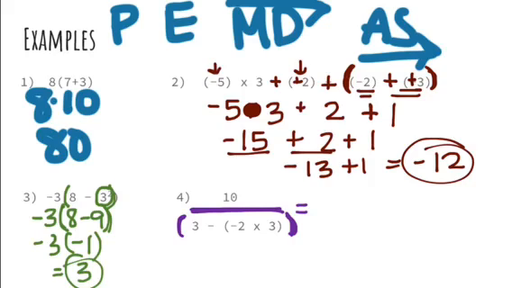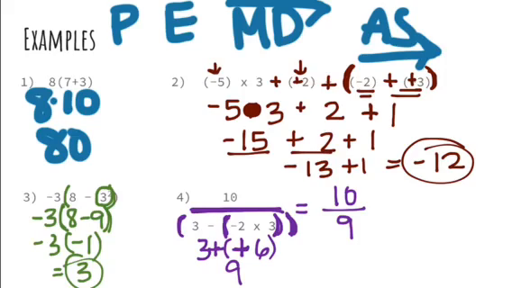In the small parentheses here, we have negative 2 times 3, which is negative 6. So now we have 3 minus negative 6, and minus a negative becomes plus a positive. 3 plus 6 is 9. So the bottom of this is worth 9, and the top is worth 10. That can't be reduced. We don't have to turn it into a mixed number. We can just leave it as 10 over 9.